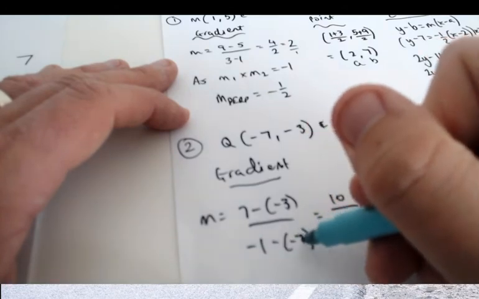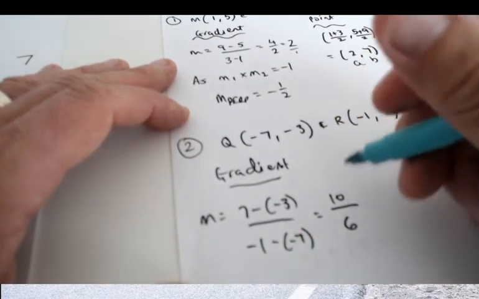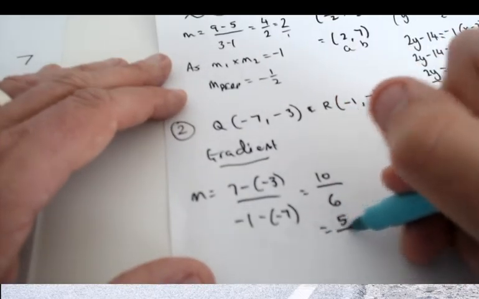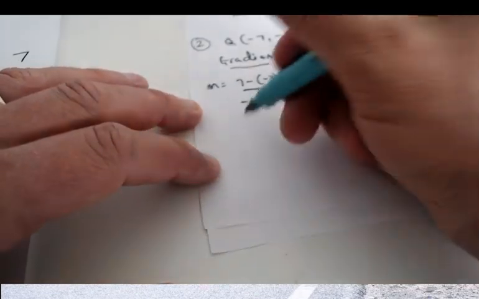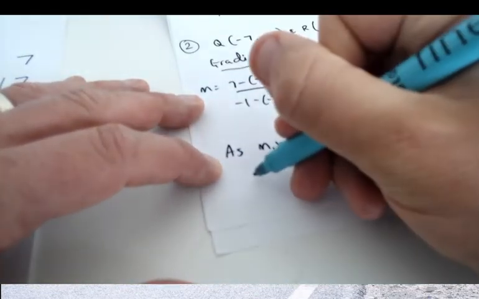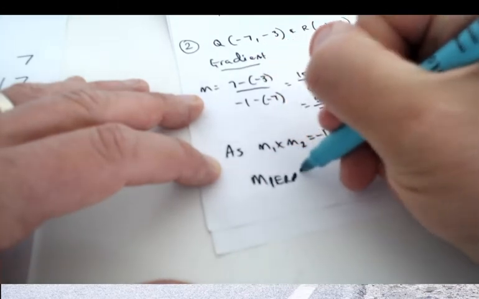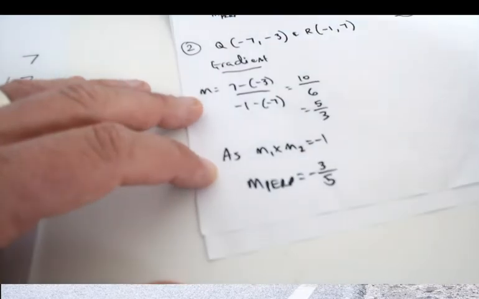Minus 1 take away negative 7 is minus 1 add 7, which will give me 6. 10 over 6 is going to simplify down to 5 over 3. I want the perpendicular gradient to that. So I need my statement. Perpendicular gradient, turn my fraction upside down, change the symbol. I'm going to get negative 3 over 5.